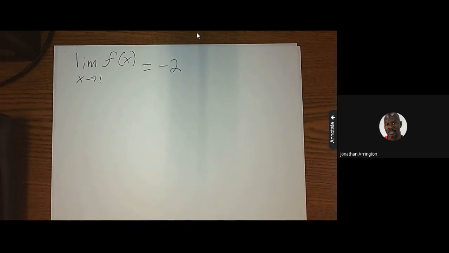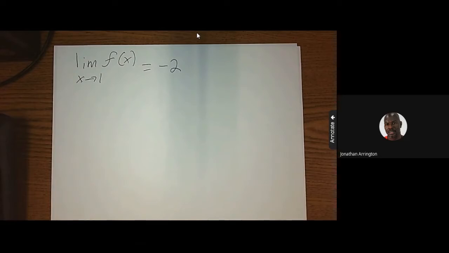I say all the time, this is a very technical course, and you have to make sure you have a very deep understanding of the material and exactly understand what a statement says and what a statement does not say. So what I have here is a statement where it says the limit as x goes to 1 of f of x is -2.